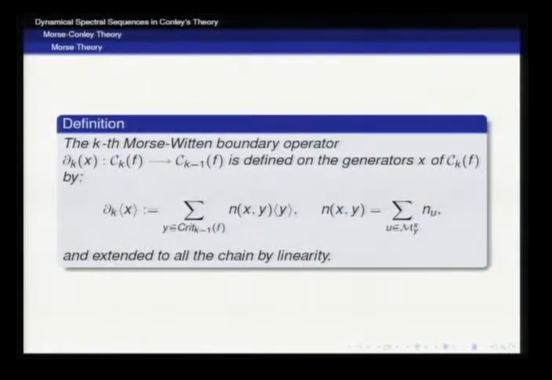So the boundary operator gets a critical point x of index k, associates the total sum of these n's, which are sums of plus or minus ones, times y, the k-1 critical point. So that's how the boundary operator works. And of course, this is always extended to all the chain by linearity.